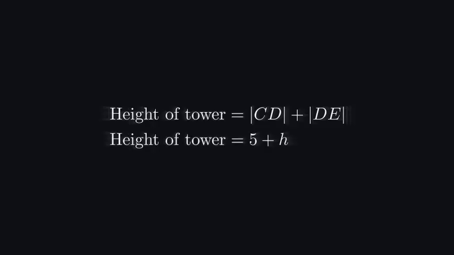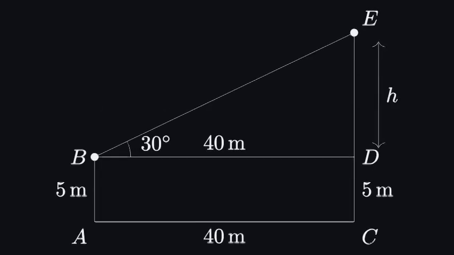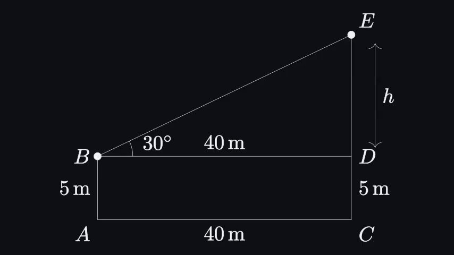Height of tower equals 5 plus H. This is the completed diagram. The small building has height 5 meters, and the extra height of the tower above the building is H.